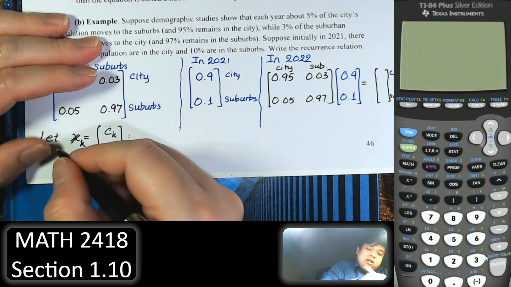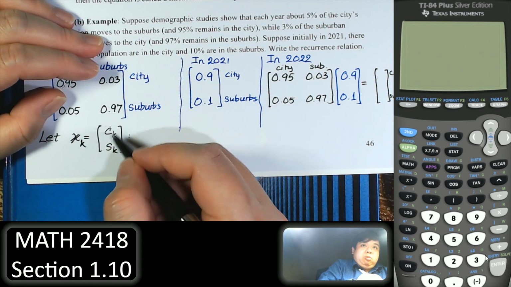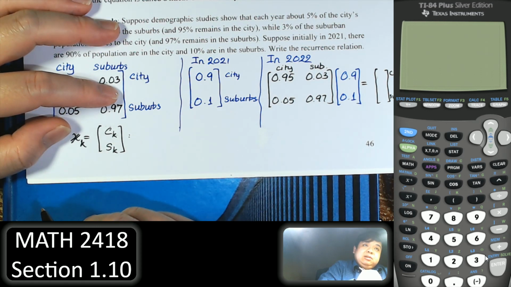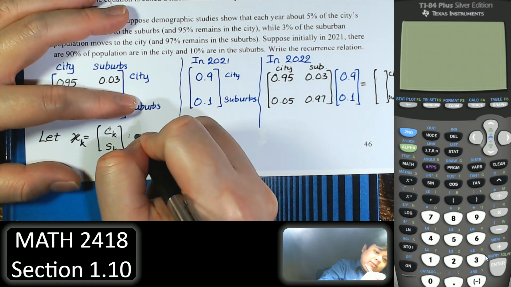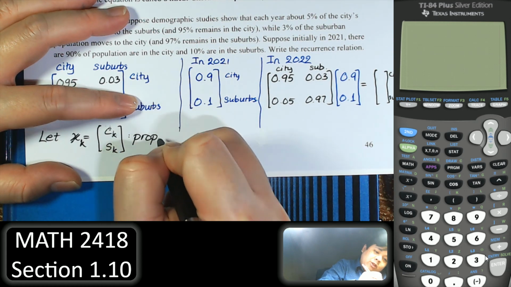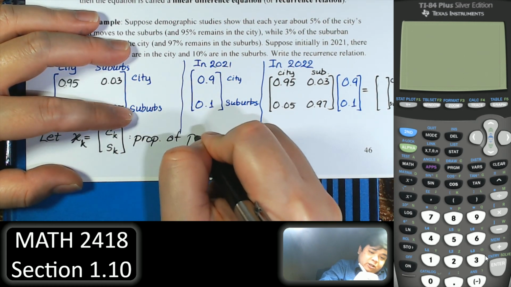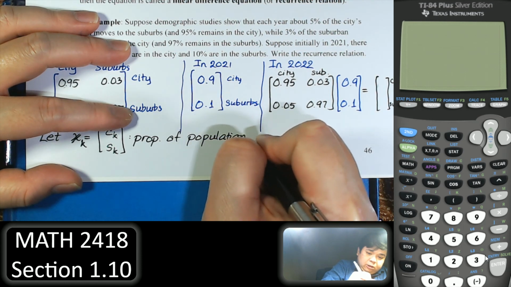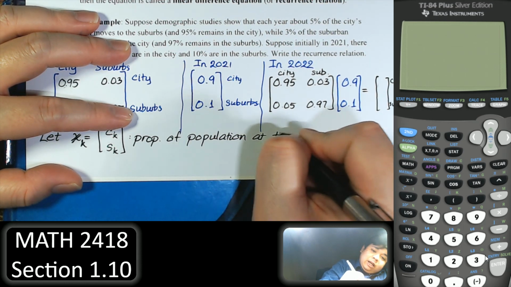So this is the proportion of the population at time k.